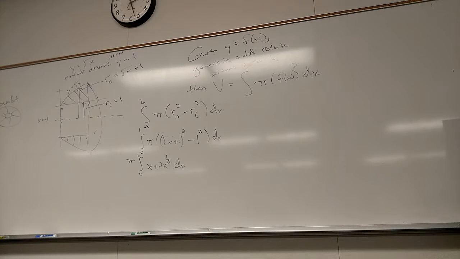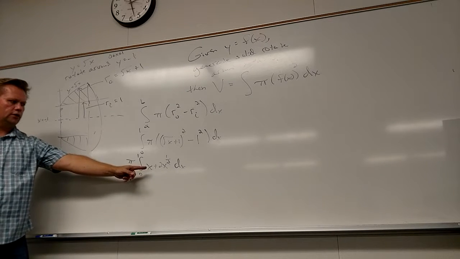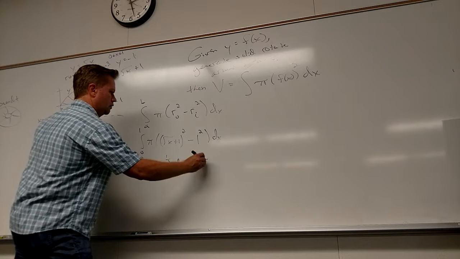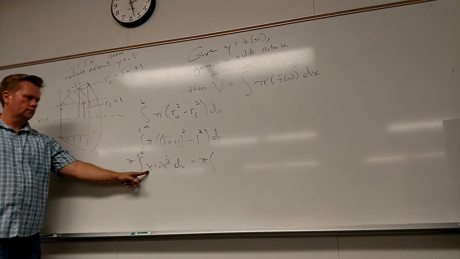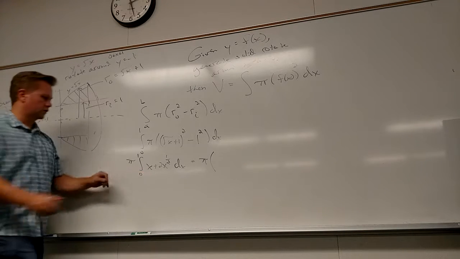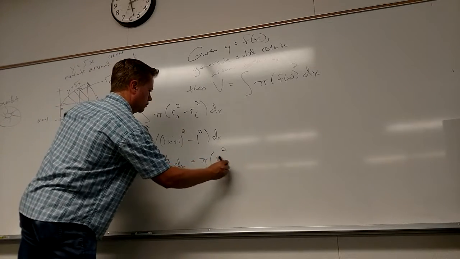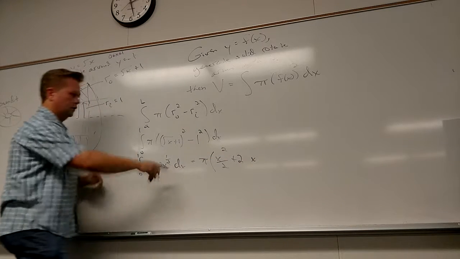So this is why they call this the washer method. But you see how it's just the disk method twice? It's just an outer disk and then subtract the inner disk to make the middle hollow. And now this shouldn't be too crazy. How do you integrate that? x squared over 2 plus 2x to the, at least some space there.